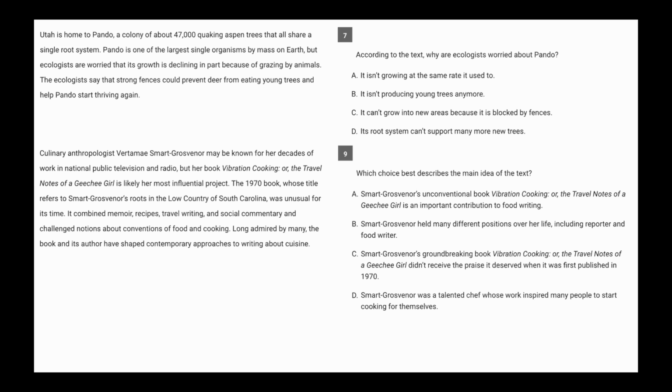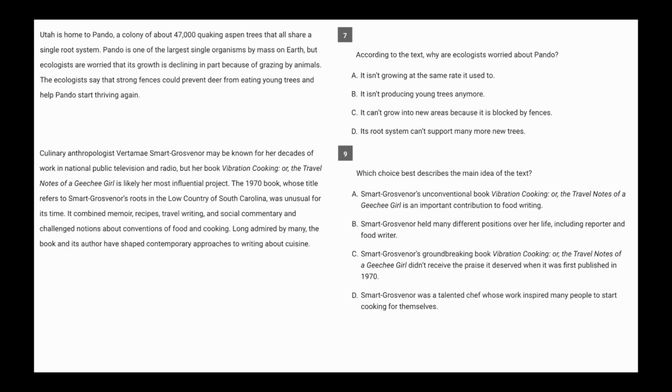So it looks good. And in a real test, I would not even bother reading B, C, and D because of the time pressure and I need to save a lot of time. I have practiced so much that I'm 100% confident that A is going to be the correct answer because it is basically paraphrasing what's being said in the prompt.